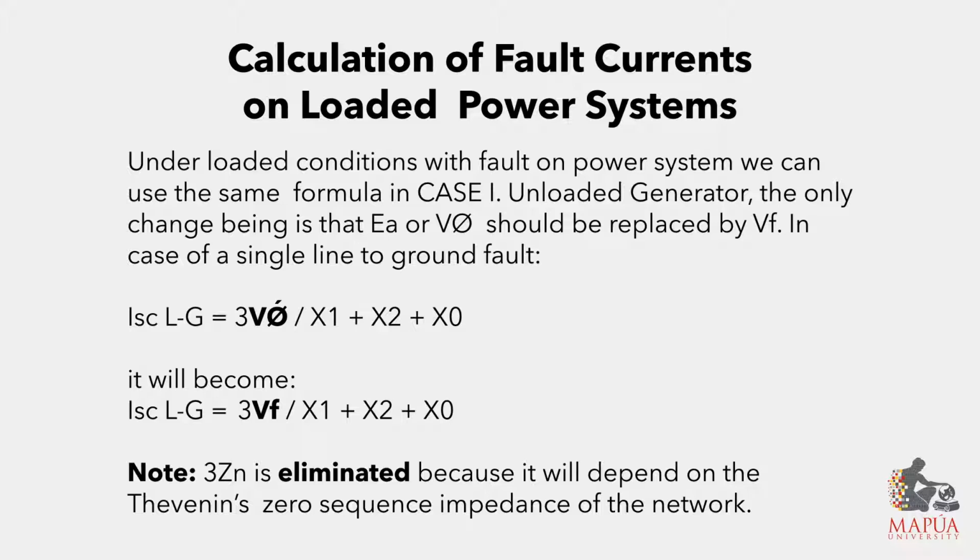So now the short circuit current for this single line to ground fault is equal to 3 times the fault voltage divided by the sum of the sequence reactances. Note that 3 times the value of the neutral impedance is eliminated because it will depend on the Thevenin zero sequence impedance of the network.